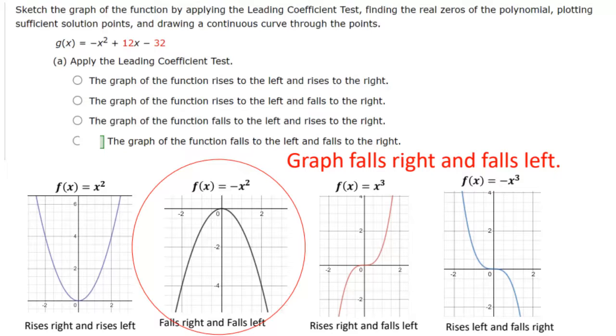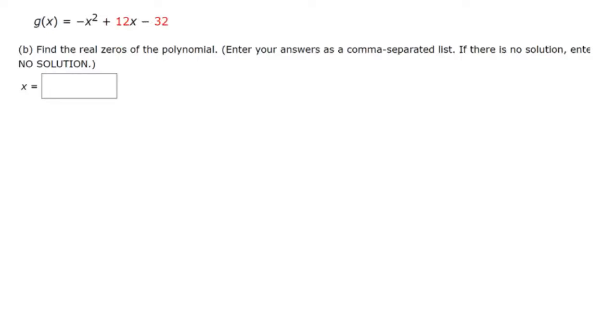All right. Now, if we wanted to find the zeros of this polynomial, again, we are dealing with a quadratic. We can try to factor it, we can try to use some of our properties of the quadratics, or we can use the quadratic formula.